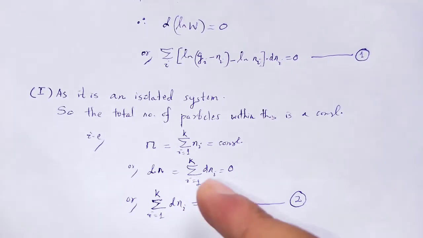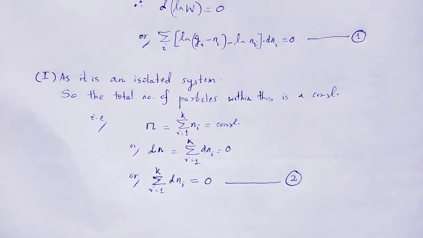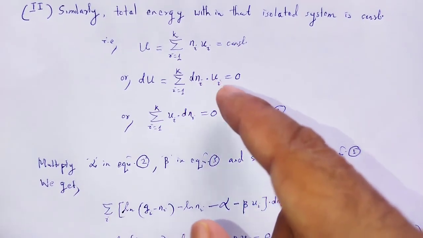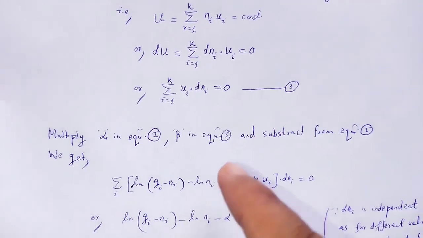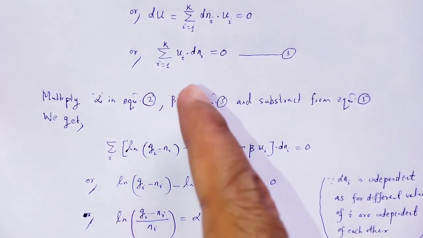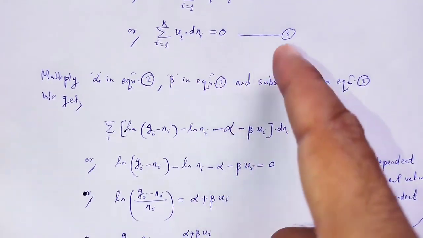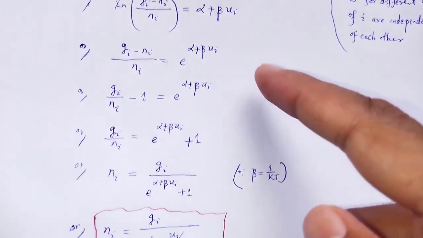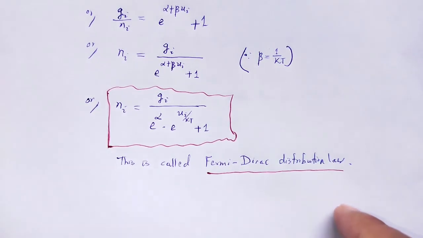Another two constraints: the number of particles in an isolated system is constant, and the total amount of energy is again constant. Two constants are multiplied, alpha in equation number 2 and beta in equation number 3, and subtracted from equation number 1, and finally we obtain the expression for the Fermi-Dirac distribution law.